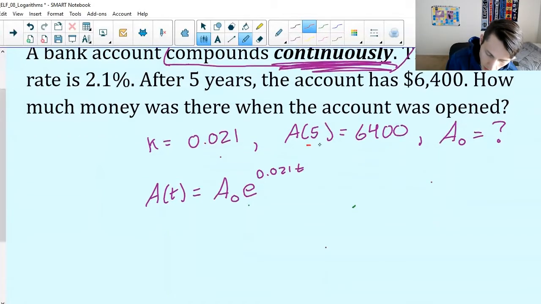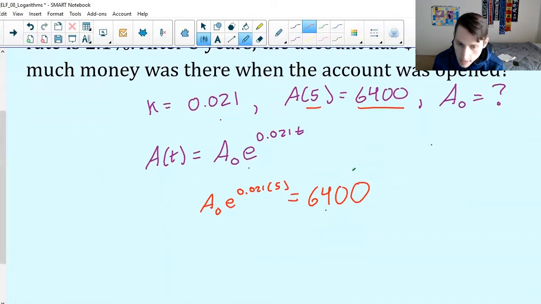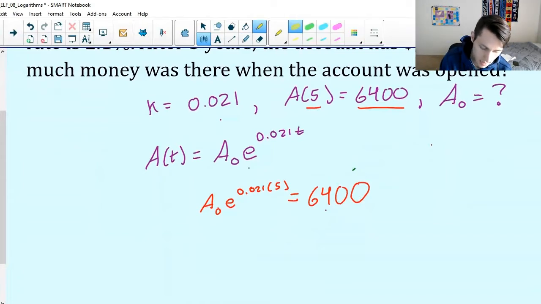And specifically, I'm going to use this information. So if I plug in 5, I know this will equal 6,400. So we don't need to do our natural log or anything like that because we're just trying to solve for A0, right, the initial amount.